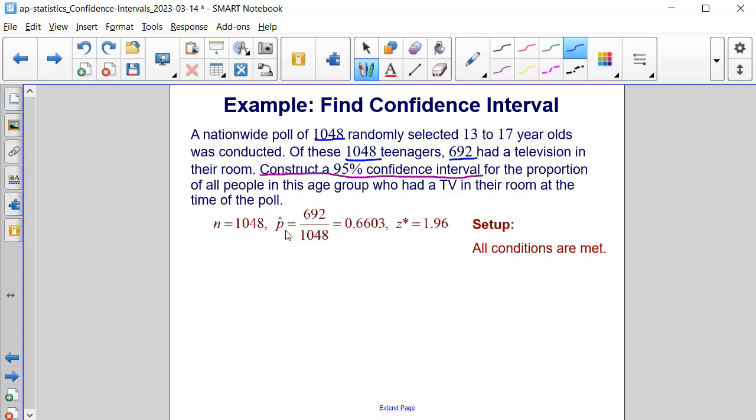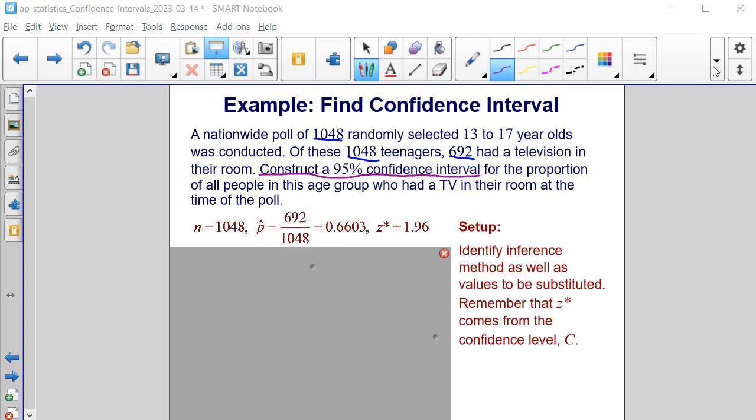So that's how we get our sample proportion value of 0.6603. And then we have a z-score value based on the 95% confidence interval, and the z-value that matches 95% is 1.96.